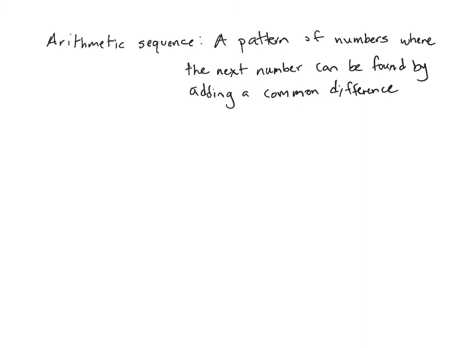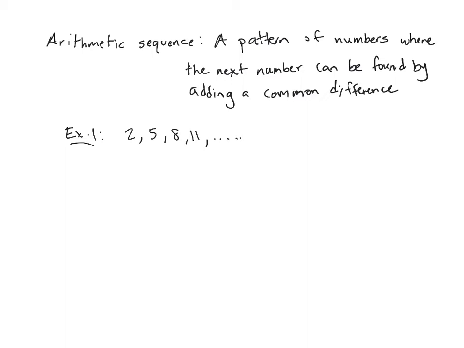So an example of a few different arithmetic sequences would be, my first example would be something like 2, 5, 8, 11, and continuing on.